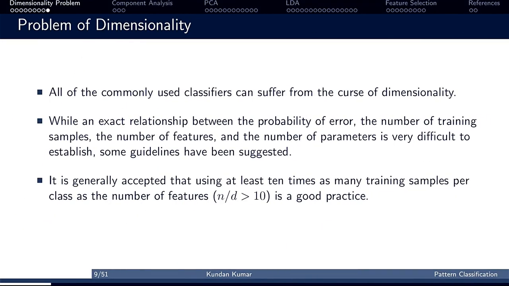All commonly used classifiers can suffer from the curse of dimensionality, and this needs to be taken care of. While an exact relationship between the probability of error and the number of training samples, number of features and number of parameters is very difficult to establish, some guidelines have been suggested.